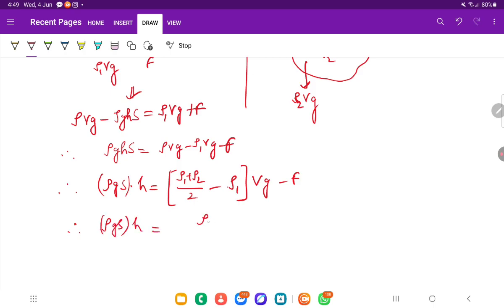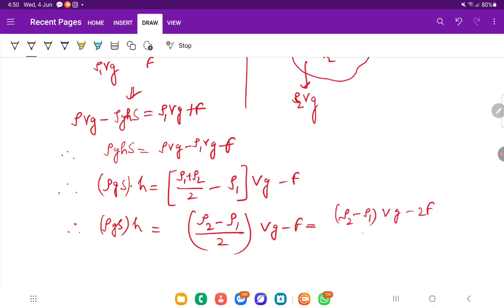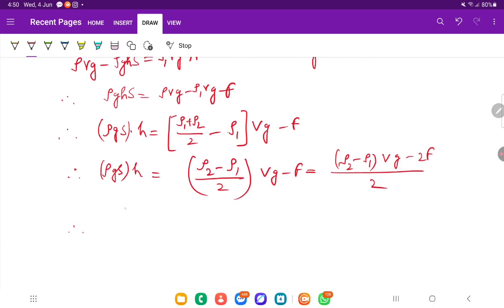So this one will be rho 2 minus rho 1 upon 2 into Vg minus F. Now take the LCM, combining with the term F. So it will be rho 2 minus rho 1 Vg minus 2F upon 2. So h will be rho 2 minus rho 1 Vg minus 2F upon 2 rho gS.